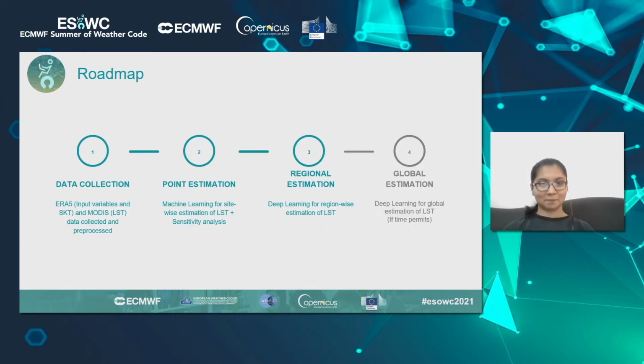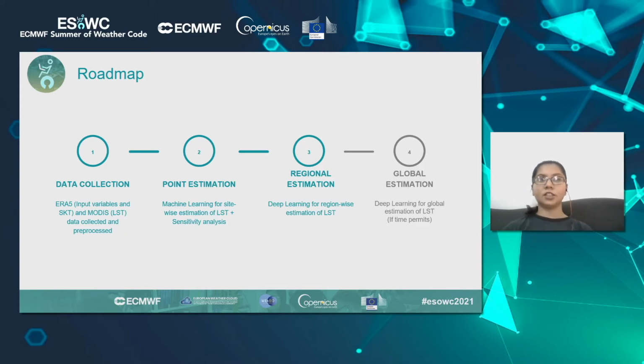Next slide, please. Right. So here is the roadmap for our project. We have a 4-step process, the first 2 of which were completed before the mid-evaluation. And after the mid-evaluation, we focused on regional estimation. Here, instead of having individual sites or individual points for which we predict land surface temperature, we instead have large regions for which we wish to accurately predict land surface temperature.